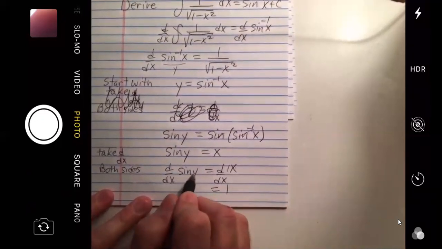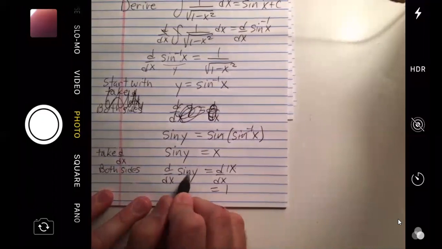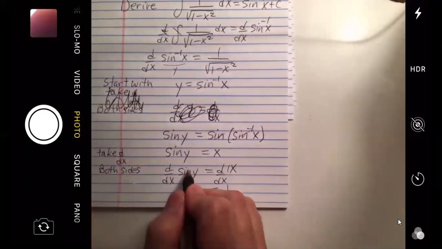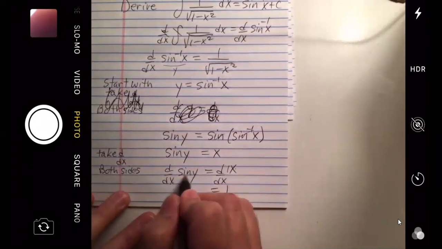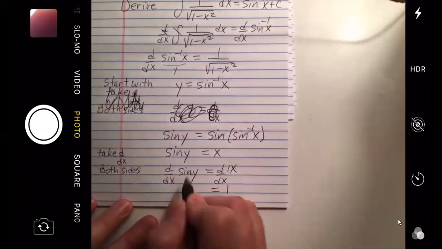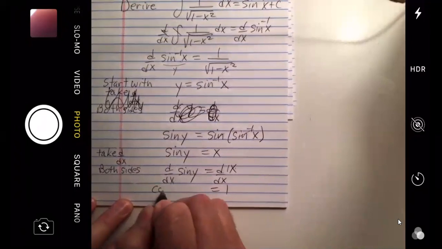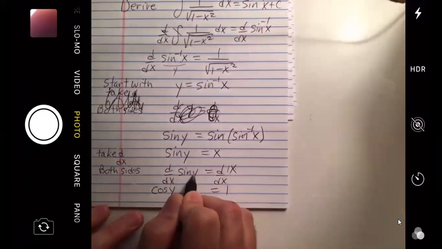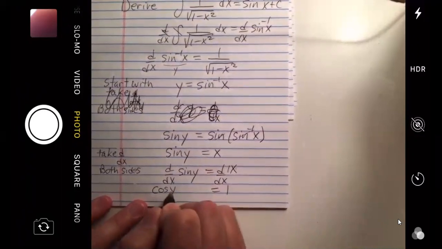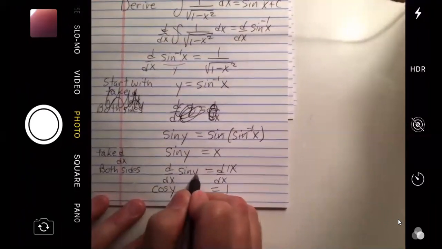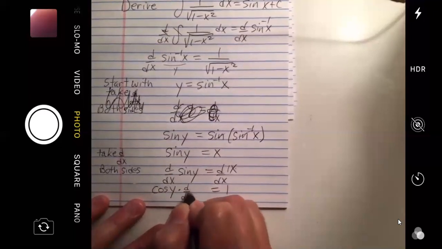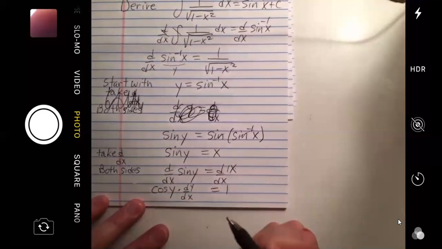But when your letters don't match, you have to throw in the chain rule, because this is in effect an unknown function. So it works by sine: the derivative of sine is cosine of y. If that were an x, you'd be done. But it's not, the letter's different. That means you have to tack on its chain rule, which is a dy dx.